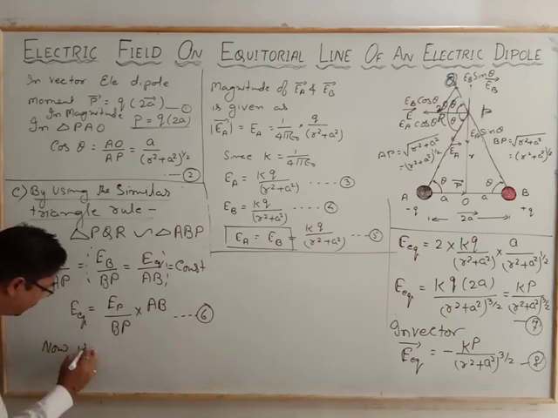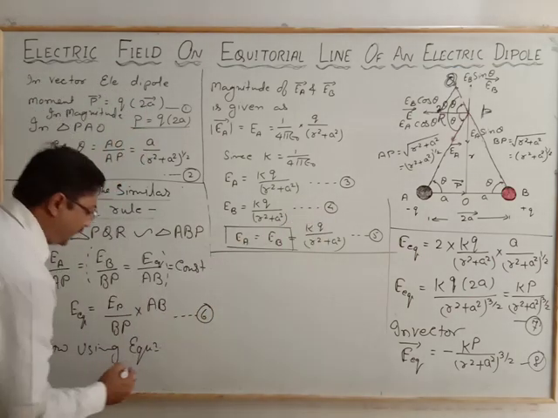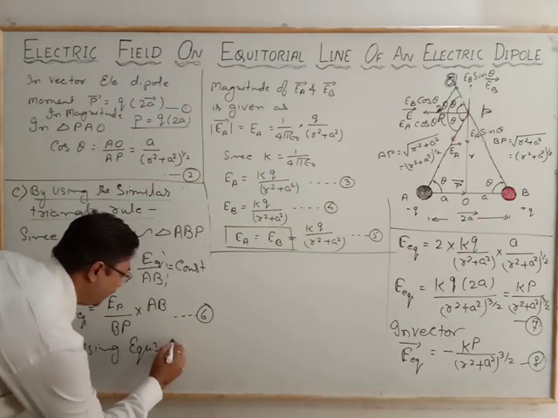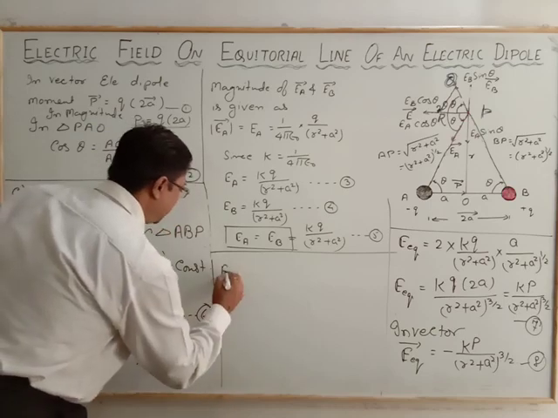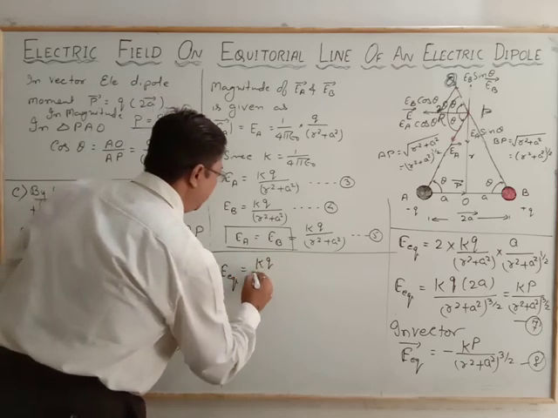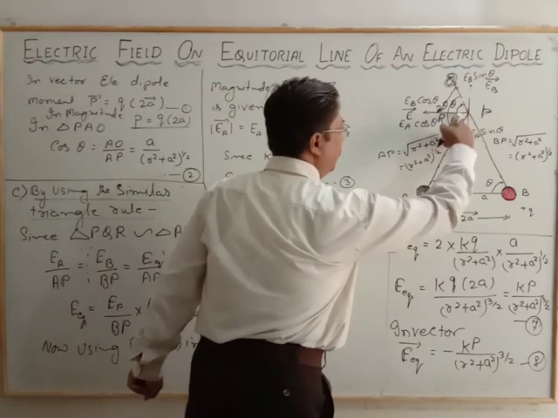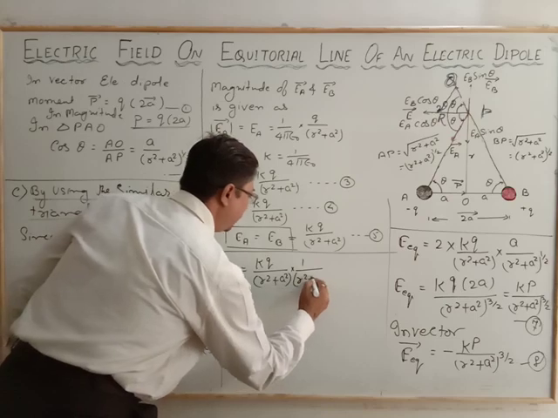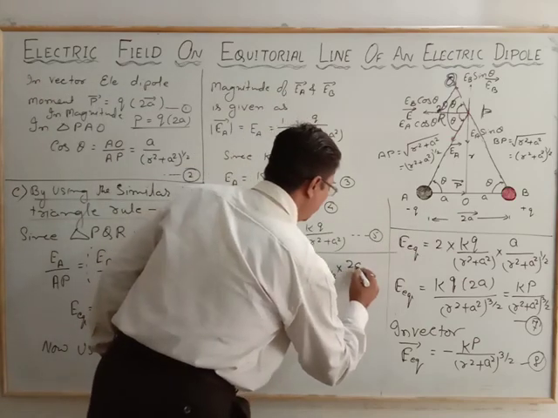Using equation 4 in equation 6 and the distance AB equal to 2A, we have the relation E equatorial is equal to KQ by (R square plus A square), into, in the place of BP, 1 by (R square plus A square) whole half, into, in place of AB, 2A.